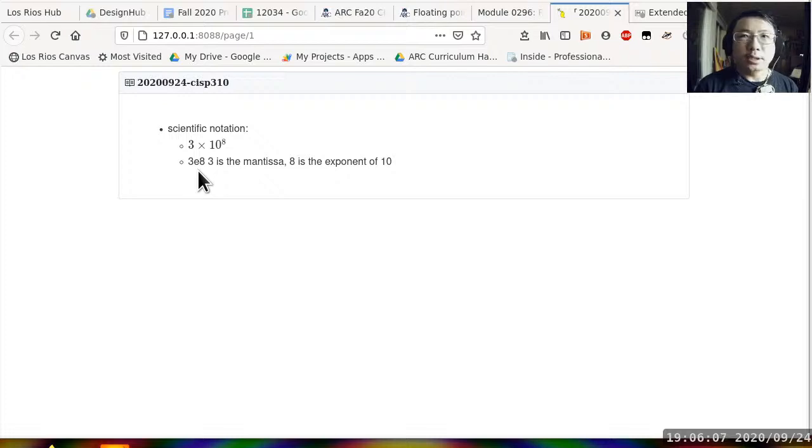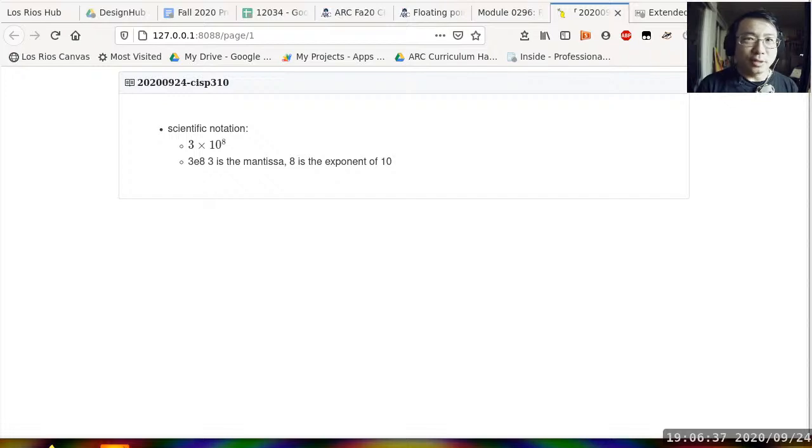All right. I don't want anyone to tell me that this is 3 times e, as in the constant of natural log, times 8, because that is not what it is. Every year, when people are doing the lab, someone is bound to copy and paste 3e8 into a calculator, which will then interpret it as 3 times the constant of natural log times 8.